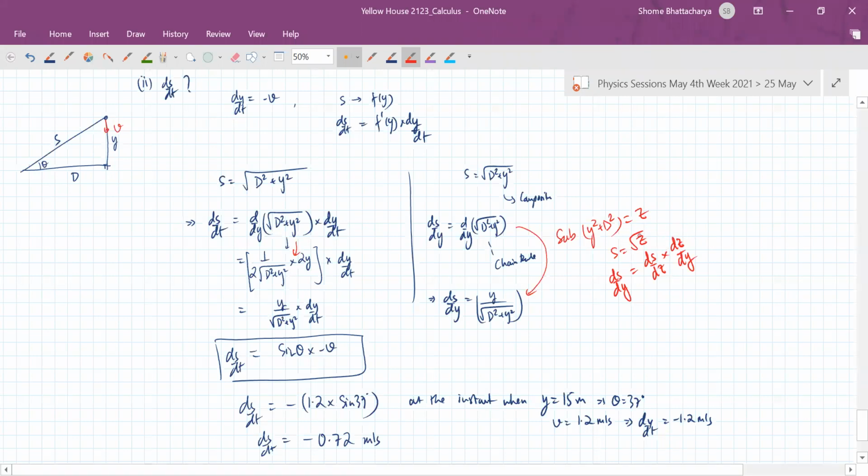So differentiation of root z is 1 by 2 root z, and differentiation of z with respect to y is 2y. So that's how we come to this step.